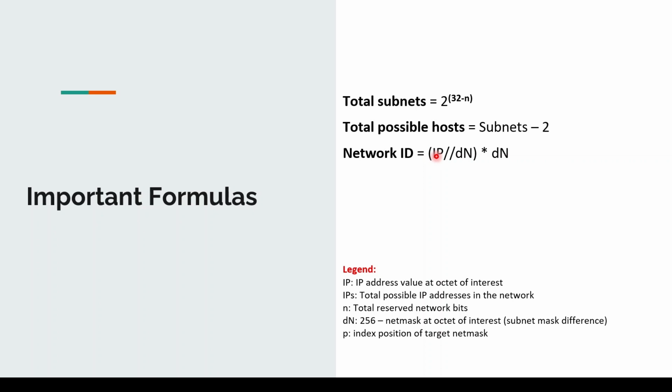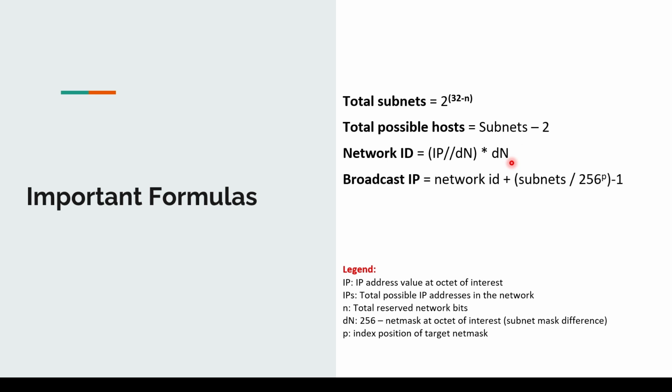Stay with me, I'm going to explain further in the next section of this video, but for now, just understand that to calculate the network ID, we need to perform an integer division of a particular IP address value at an octet of interest by the delta of n. N is the difference between 256 and a particular subnet mask of interest. Again, just stay with me, you'll understand what I'm talking about in a bit. Then we multiply it by the same delta n.